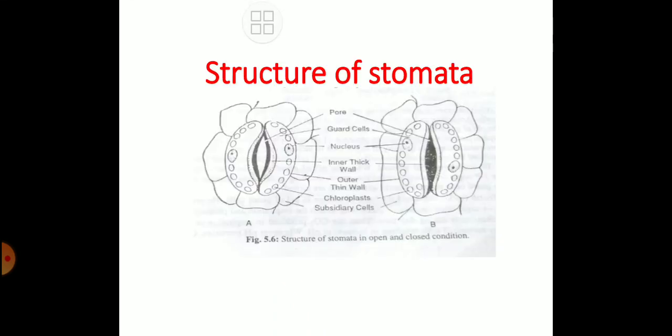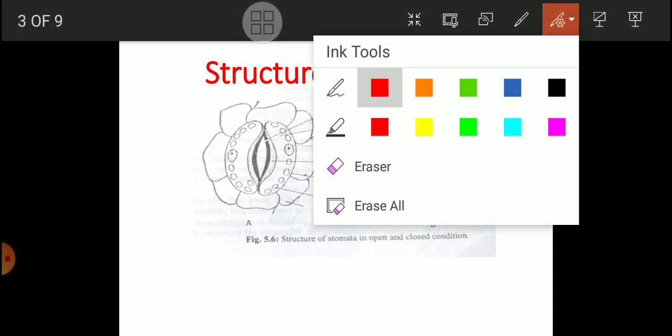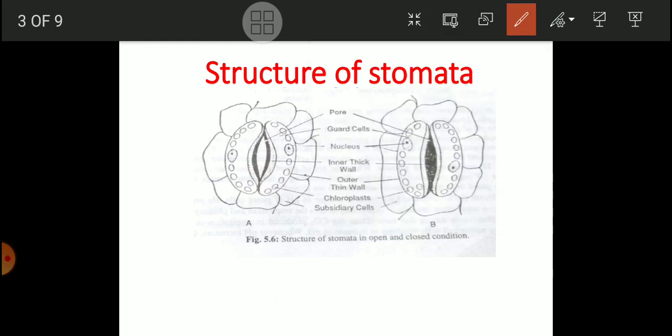Now here you will be able to see that structure. Actually, here it shows the presence of the two most important guard cells, isn't it? The two kidney shaped guard cells are there. In the first sketch we can see an open stomata.